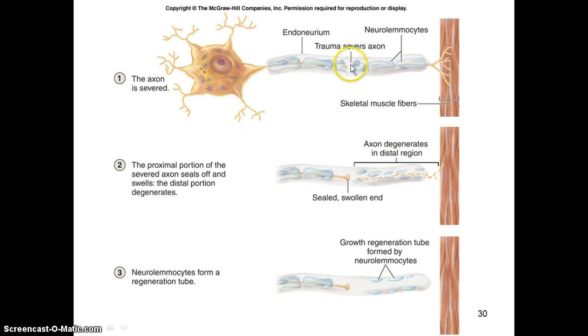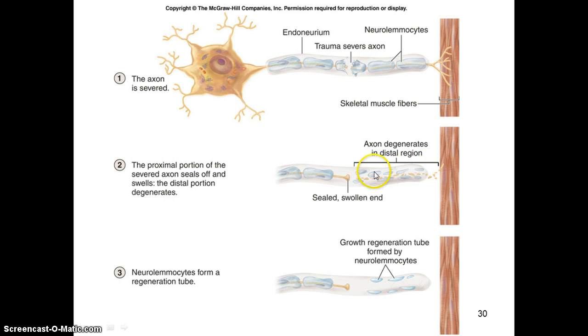And you can see that this axon is myelinated by several neurolemmacytes. And there's where the trauma has occurred. So what initially happens is at the severed end, the proximal end of the axon swells and seals, and then the distal end, distal to the trauma, the axon begins to degenerate.